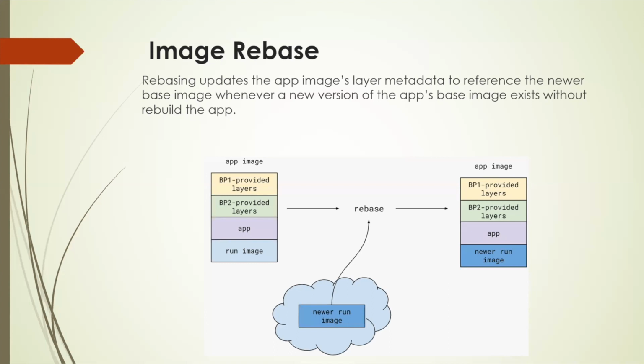So how do you do it? You do it using the rebase command. Rebase takes into account your existing OS image and replaces it with the new patched image without rebuilding the whole application. That means your entire metadata layers remain unchanged, and you just get the new patched image version.